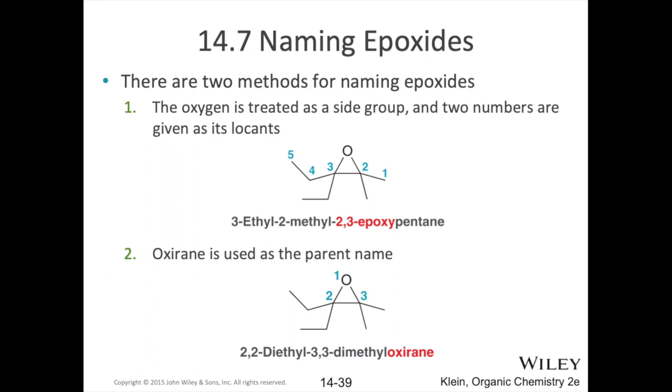Depending on the tiebreakers you have, you want to give lower priorities to any groups. If you have groups missing, you want to have the lowest set of numbers. But ultimately, in this example they've given here, it just comes to alphabetical order. Ethyl comes before methyl, and so that carbon with the ethyl groups is given the lower number. All right.